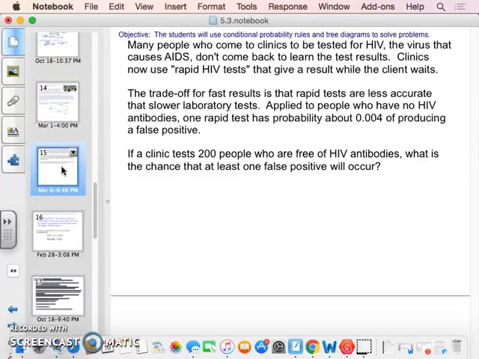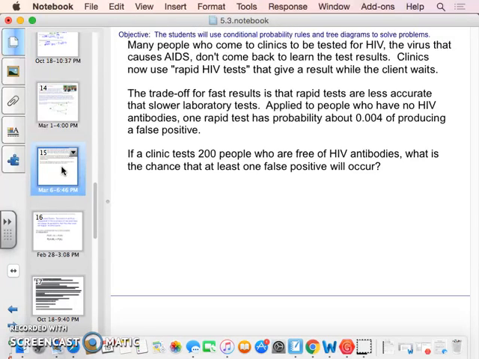And then the second one is these are people that come back to learn their results. So this is a rapid HIV test for people that might think that they have AIDS or they want to get tested for AIDS. But because it's such a fast response, it does have a higher chance of not working.